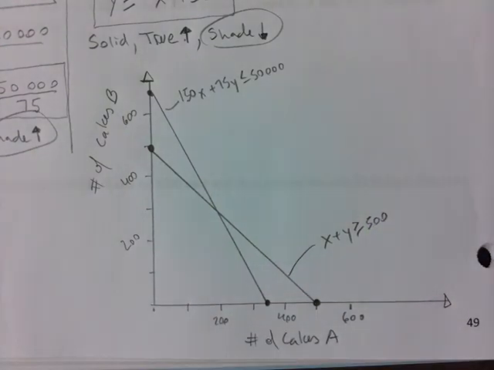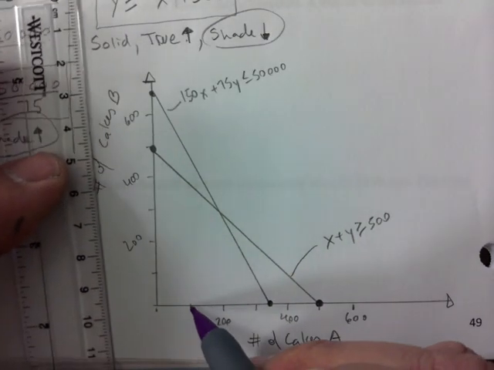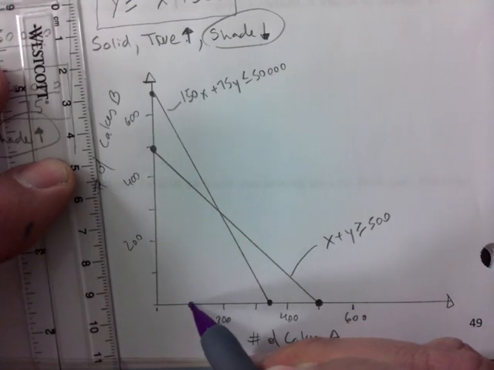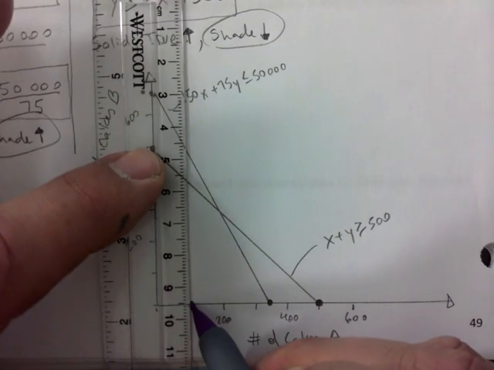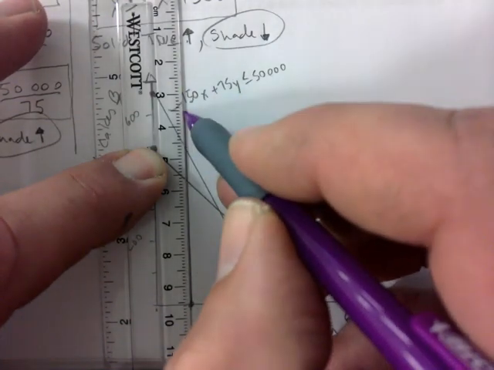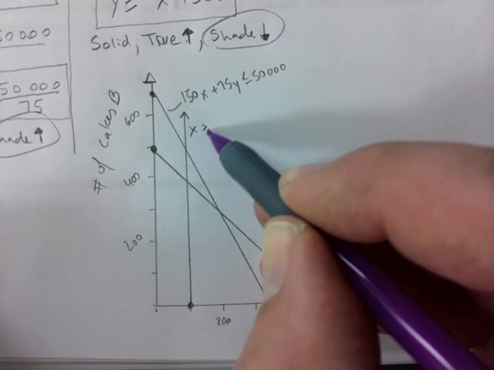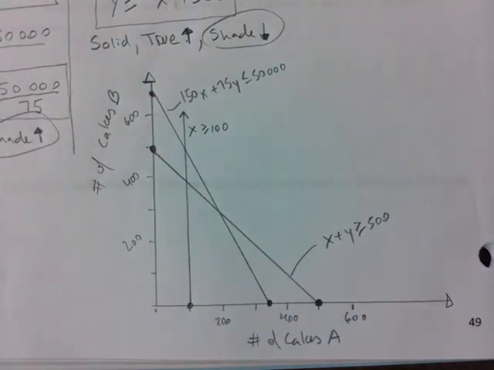That's that one. And the last one goes through 100. It goes through 100 right here. So just make a vertical line. This is x is greater than or equal to 100. Looks pretty, doesn't it? Just wait till we add the shading.